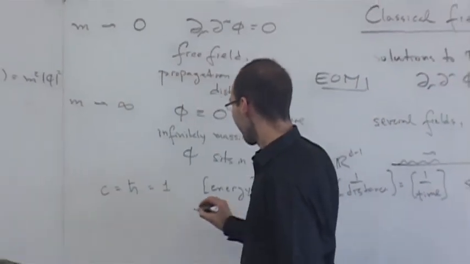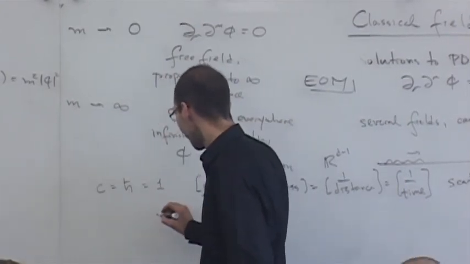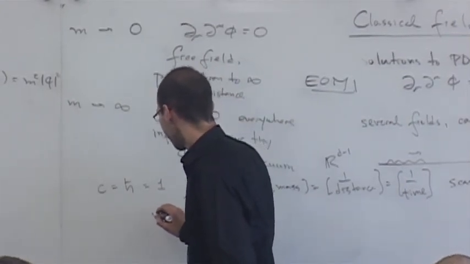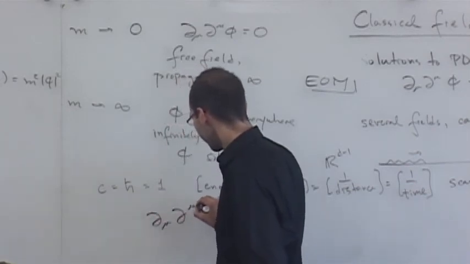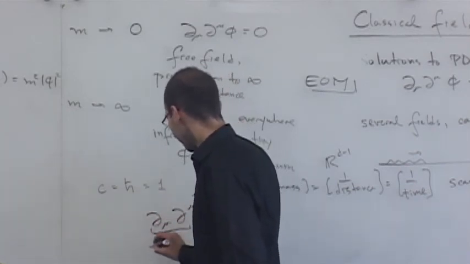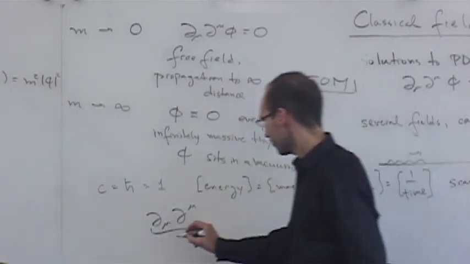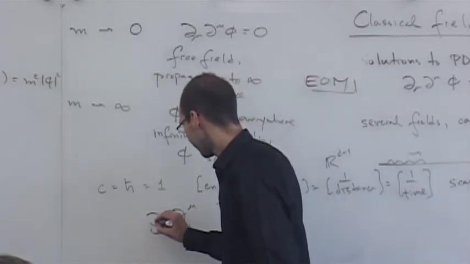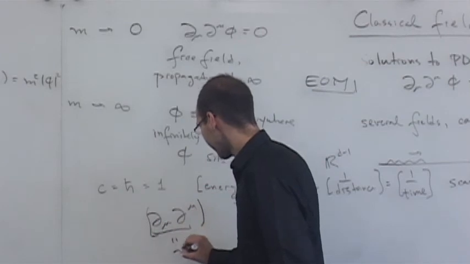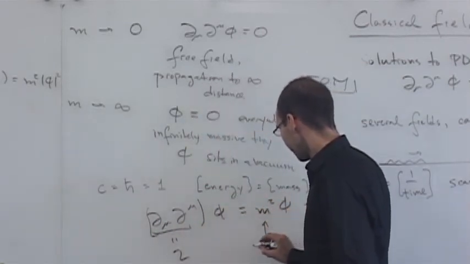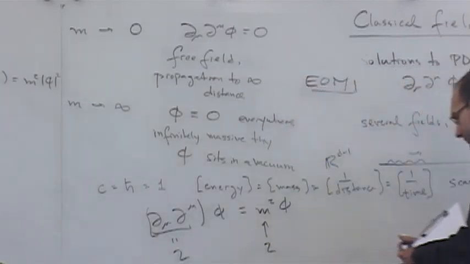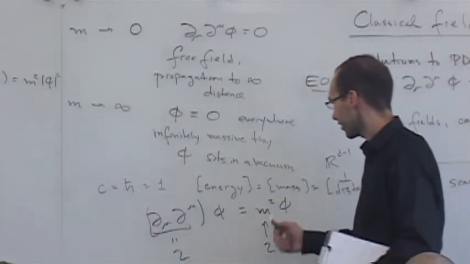And in the problem at hand, I don't really care what dimensions φ has, at least not for the moment. But the equation involves two derivatives. And so that's, in terms of mass, mass dimension 2. So the dimension of this is also 2. And indeed, it functions like a mass.